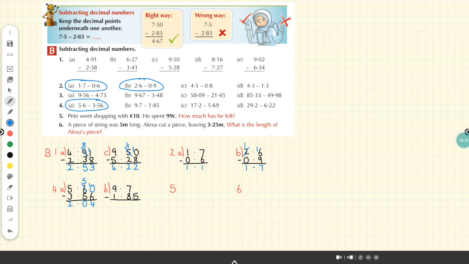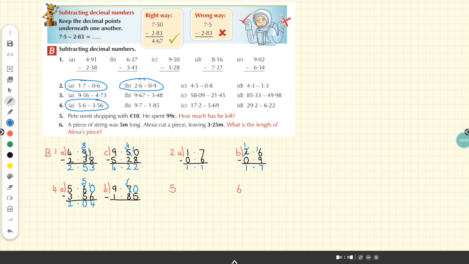And then for B, same again with 9.7 take away 1.85. So 9.7, we don't have the hundredths placed in, so it's 9.70. So now we've started on the right hand side with the top digit. So 0 take away 5 we cannot do, so we need to go next door to the tenths and rename one of the tenths.